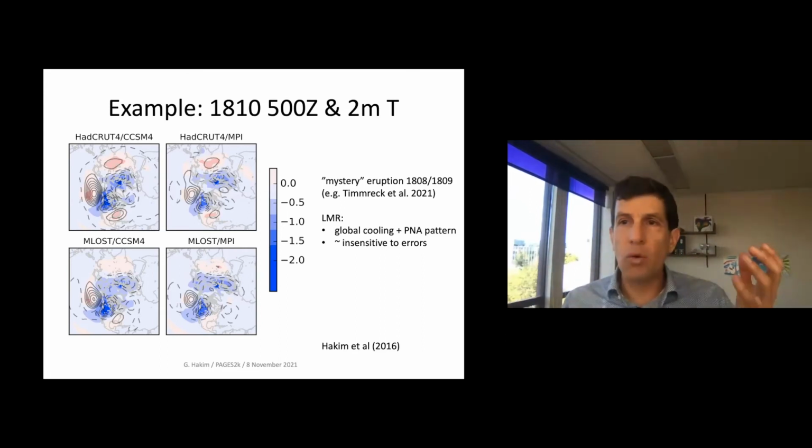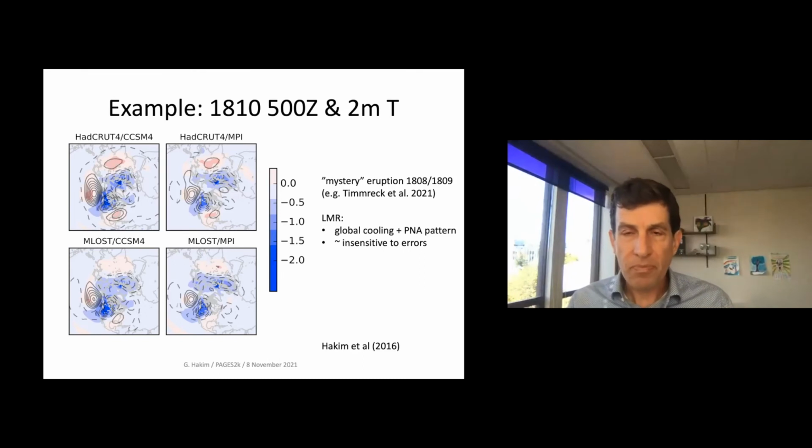It's uncertainty in which prior model we use and which data set we use to calibrate the proxy system models. And the main point is that they all look really similar. The color fill shows you the 2-meter air temperature anomalies in 1810, and the contours show you the geopotential height anomalies at 500 hectopascals.